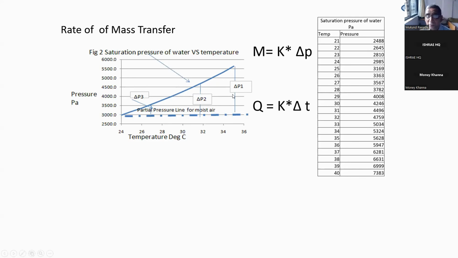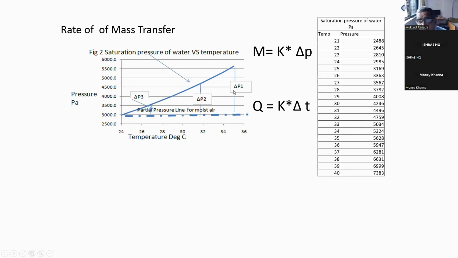So we have 35 degrees dry air temperature, 35 degrees water temperature, so 35 degrees wick temperature. So the mass transfer will happen based on this delta P, that is the partial pressure of water vapor in the unsaturated air, and the saturation pressure at 35 degrees centigrade. This will be the delta P.